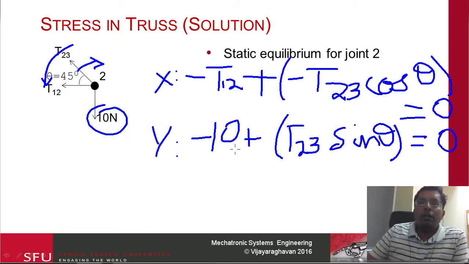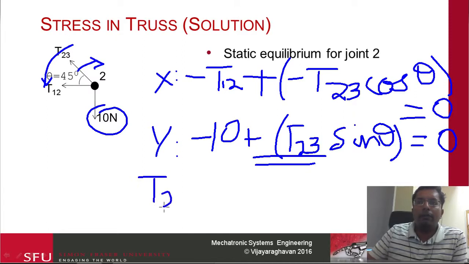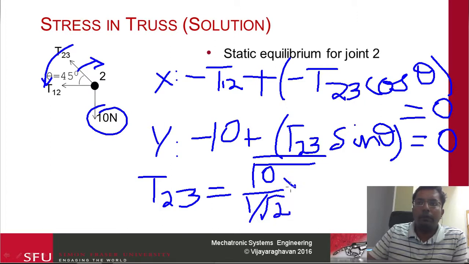So this equation here only involves T23, so we can use this to calculate the value of T23. Theta being 45 degrees, sine theta is 1 over root 2. So this gives me T23 is 10 divided by 1 over root 2, which gives me 14.14.